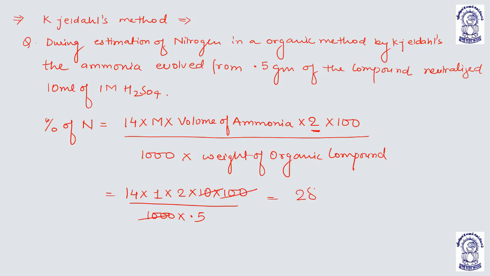So 14 into 2 is 28 upon 0.5. It comes to 56%. So the percentage of nitrogen in this compound is 56%. In this way you have to calculate.